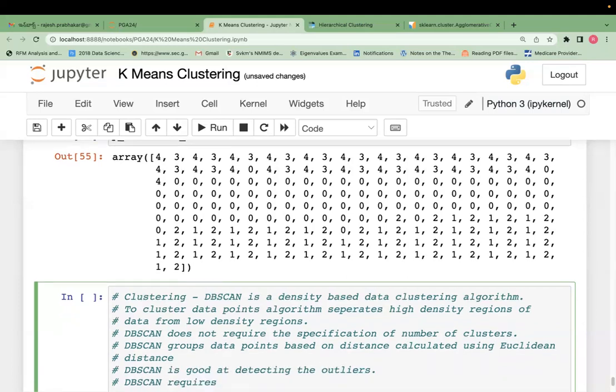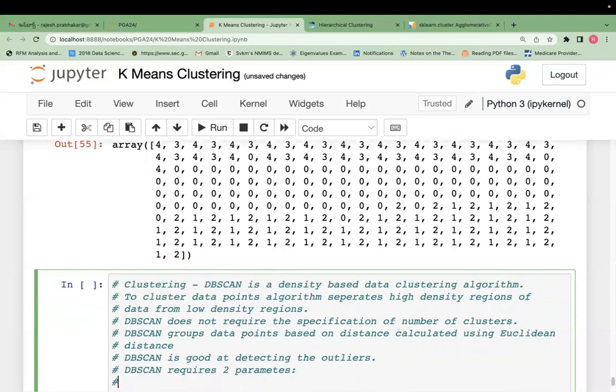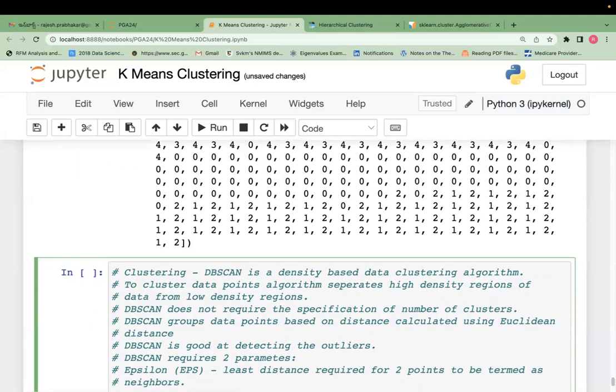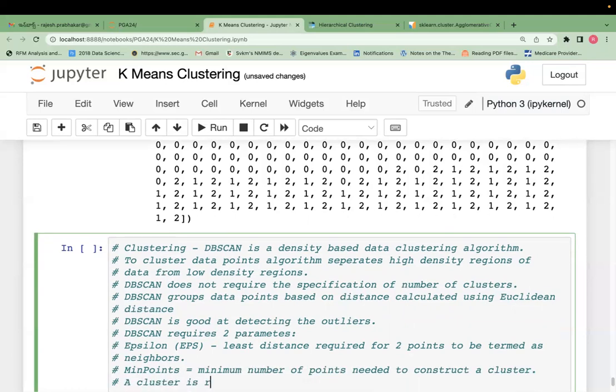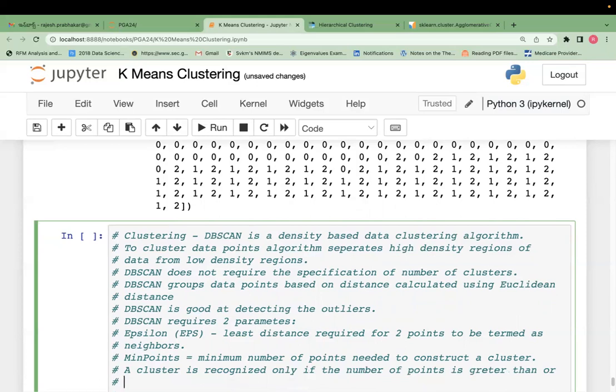DBSCAN has two parameters. The first one is epsilon, the least distance to be termed as neighbors: what distance is required to consider two points as closest to one another. The second is min points, the minimum number of points for a cluster. A cluster is recognized if the number of points is greater than or equal to minimum points.